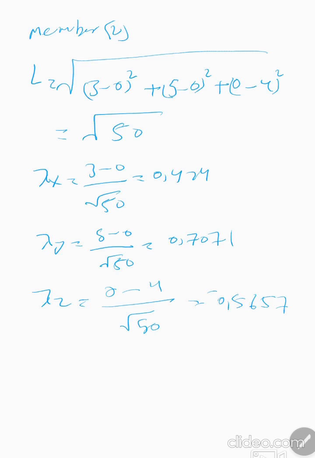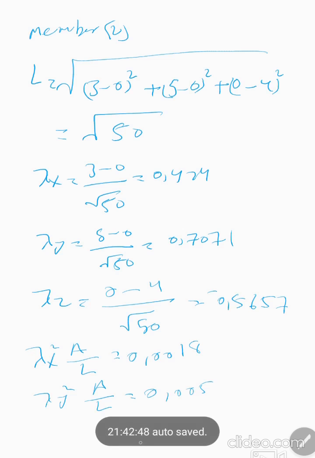Okay, then the value of lambda x squared times A over L equals 0.0018. Lambda y squared times A over L equals 0.005.